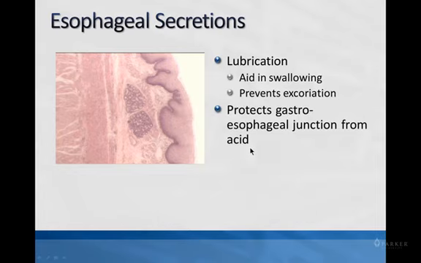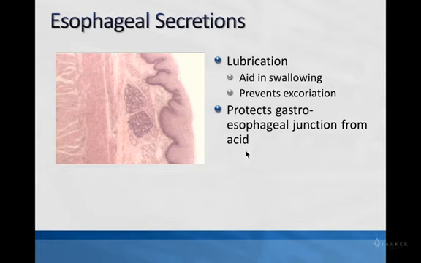It also, because it has some buffers in it, helps to protect the gastroesophageal junction from acid. So right where the stomach and the esophagus meet, when the sphincter opens, you could have a little bit of gastric juice that moves back up into the esophagus, and you want to protect it from being damaged by acid.